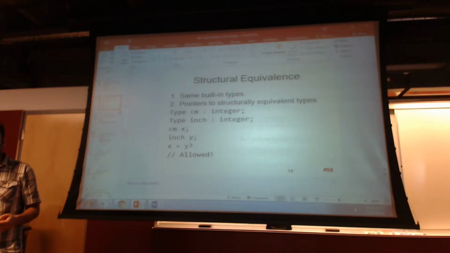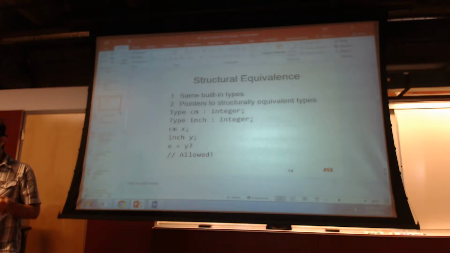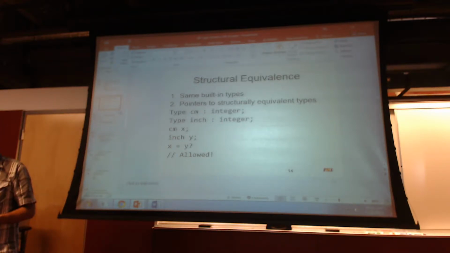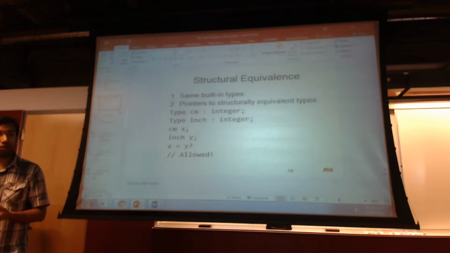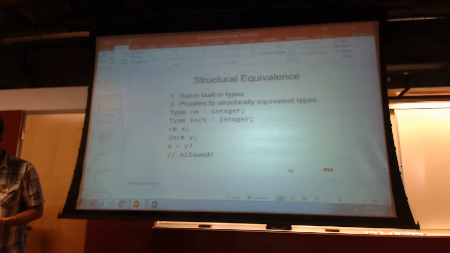In the case of anonymous types, there can be two ways. One way is that whenever a variable is declared with an anonymous type, the compiler or the interpreter gives it a different type name. If it does that, then you cannot equate two anonymous types. But certain interpreters and compilers might give the same internal name to anonymous types.